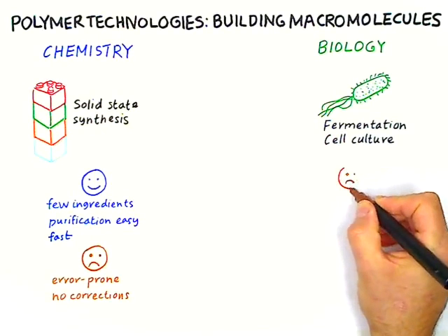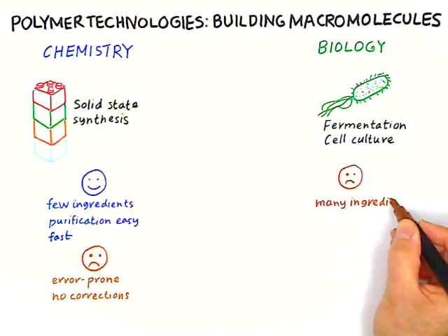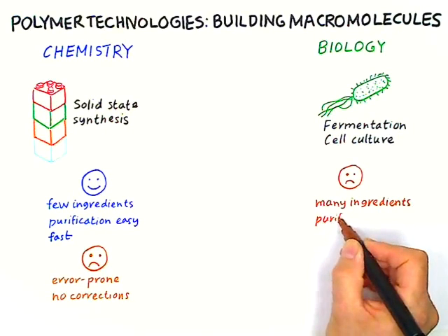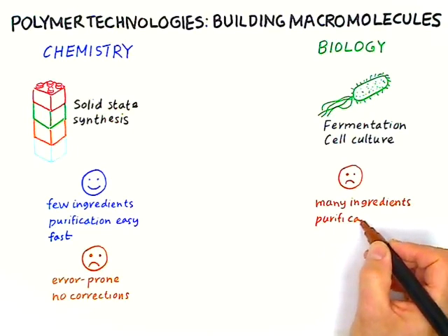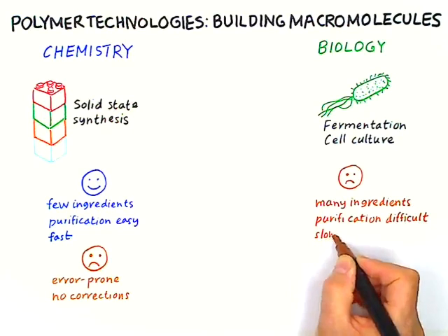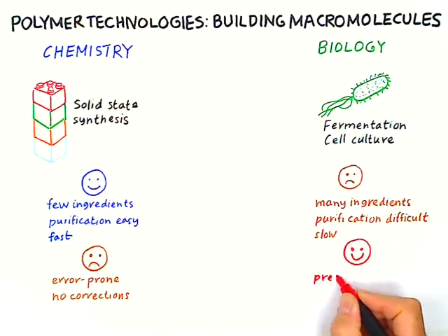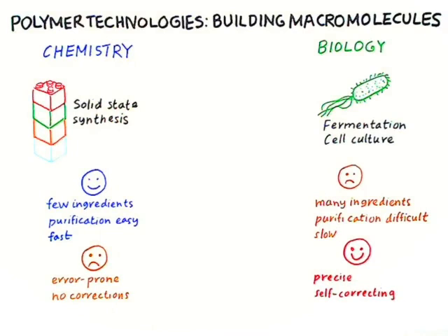The main disadvantage here is the complexity of the ingredients and the high number of biochemical reactions taking place inside cells. This can make purification difficult and the overall process quite slow. However, biological polymer formation is precise and self-correcting, and this is a truly amazing feature.